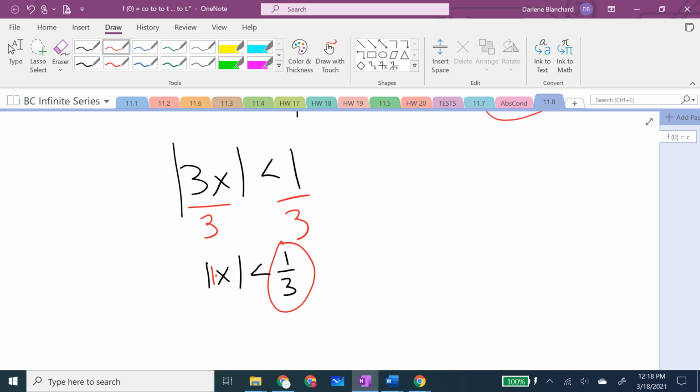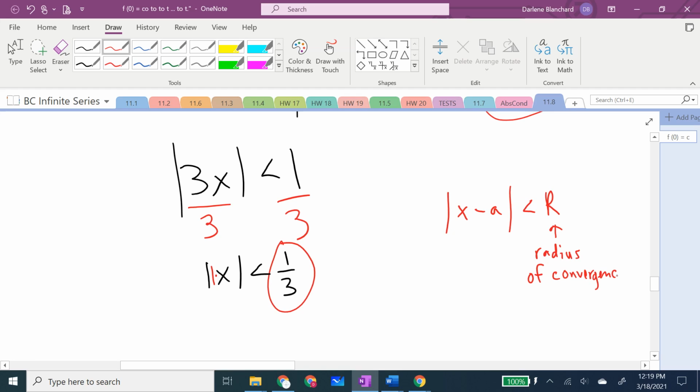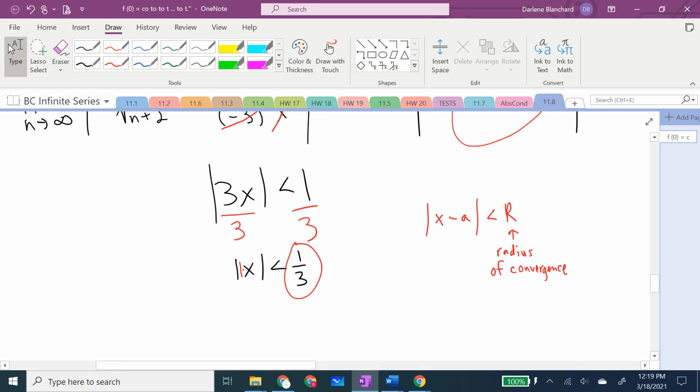So know that with the ratio test, what you're ending up getting is an interval of convergence based on x minus the center being less than the radius of convergence. Now, you do have to test the 1/3 and the negative 1/3.